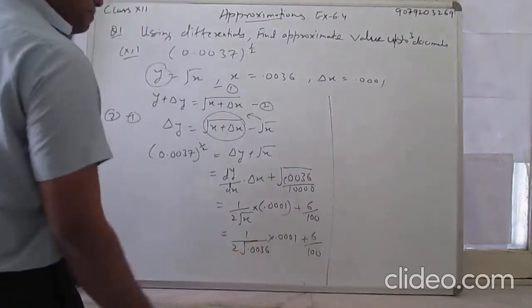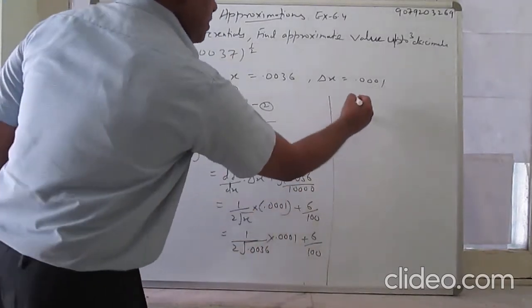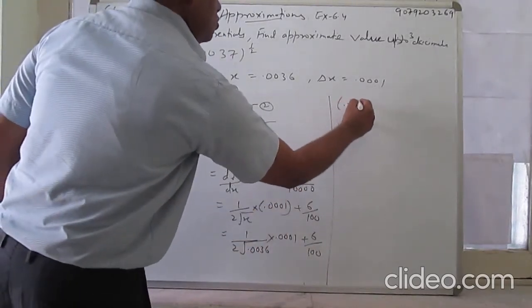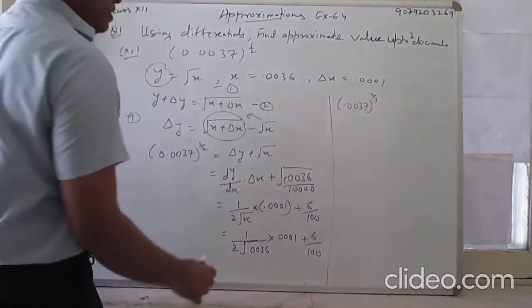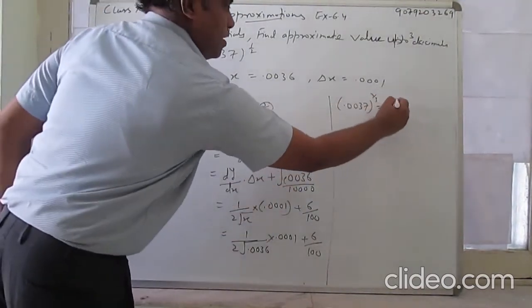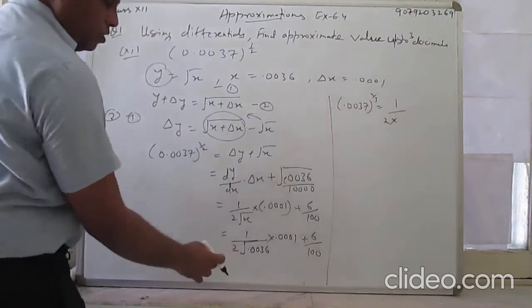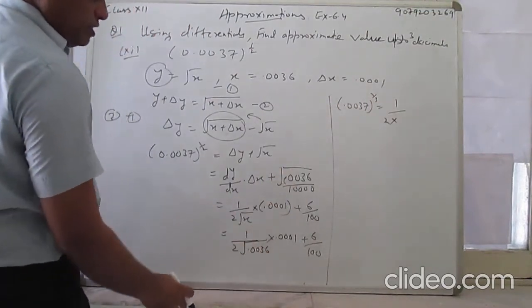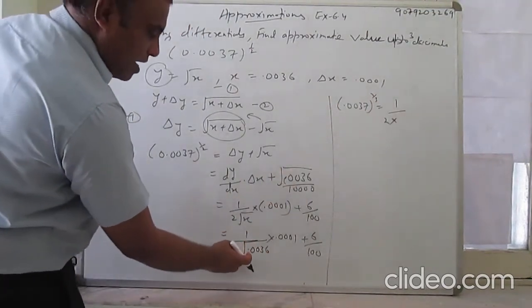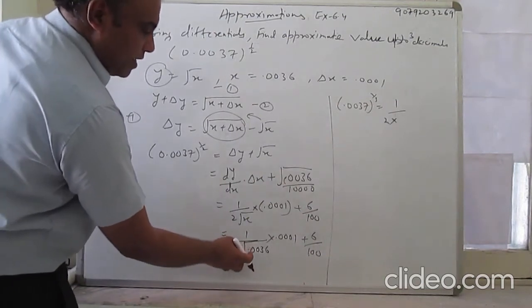Now see here, 0.0037 to the power 1 by 2 is equal to 1 upon 2 into root of 0.0036, whose square root is 6 upon 100.